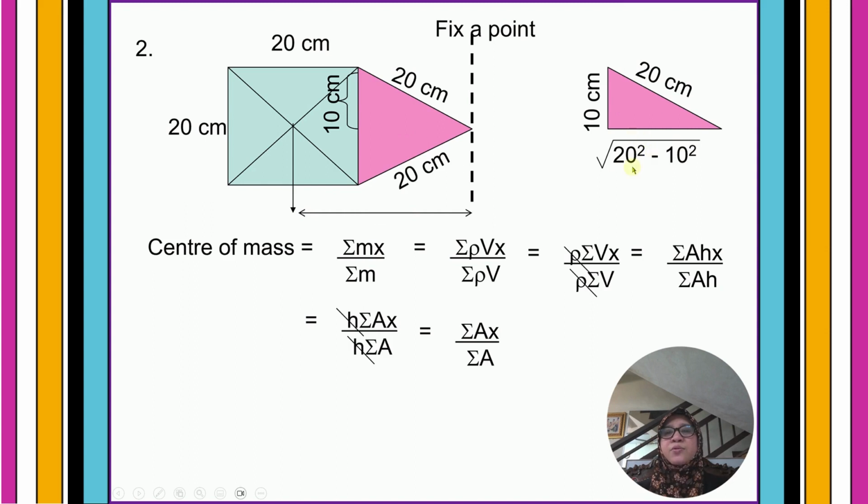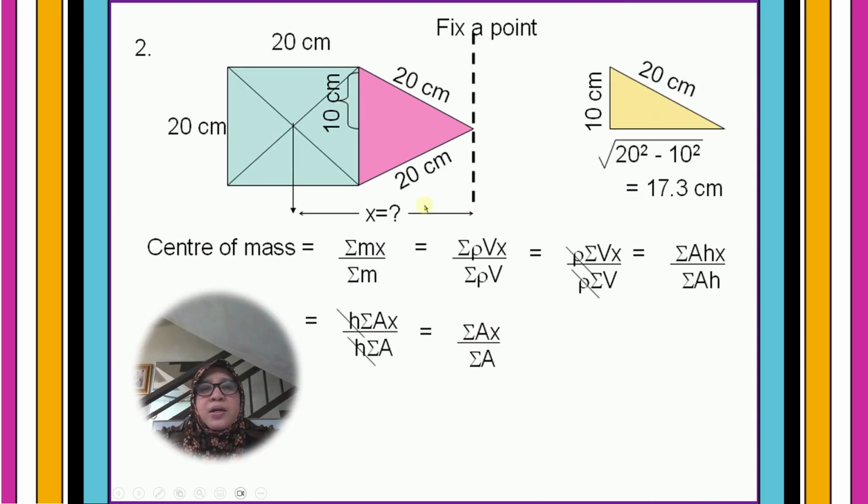So square root of 20 squared minus 10 squared, we get 17.3 centimeter. So the length from the fixed point will be this 17.3 plus the 10 centimeter. So we get 27.3. So this is the distance of the square from the fixed point.